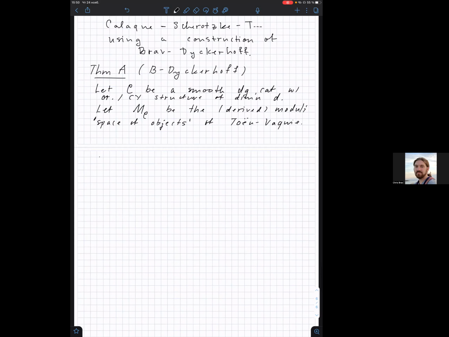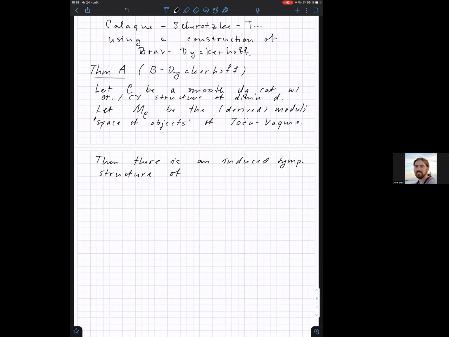So then there's an induced symplectic structure on this thing. And if D equals 2, it's just a symplectic structure, but maybe in some stacky sense.